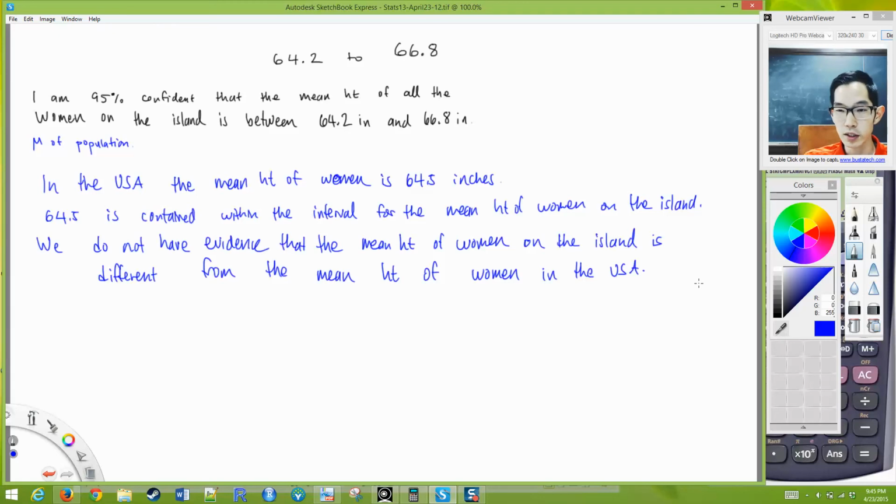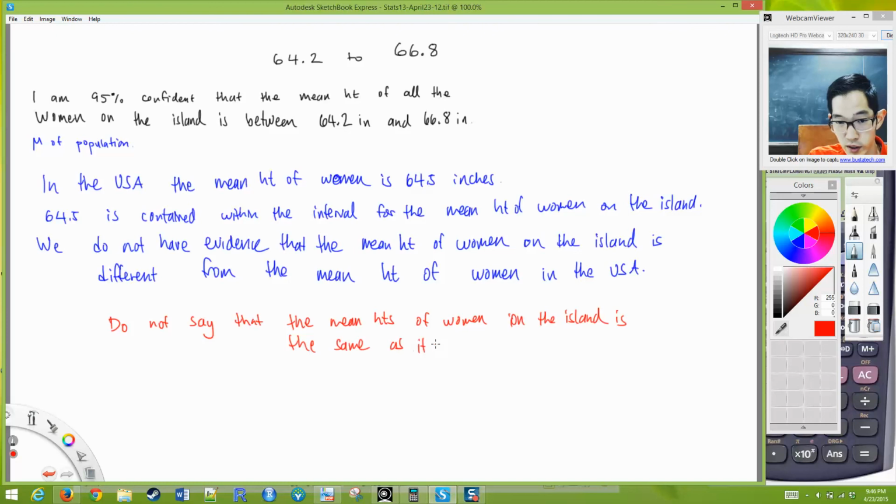Okay, so I should say, do not say that the mean height of women on the island is the same as it is for the USA. Okay?